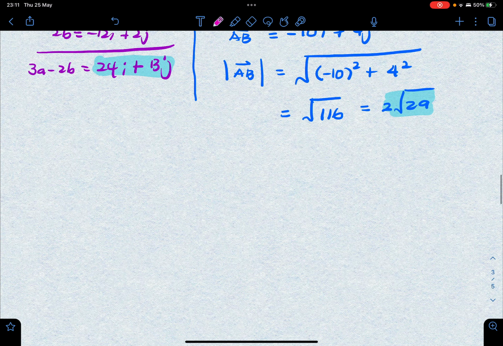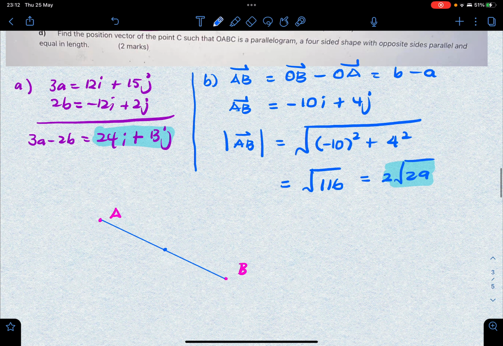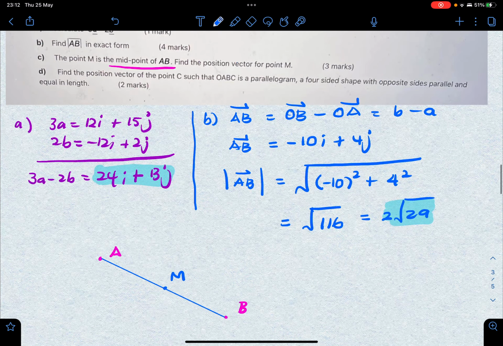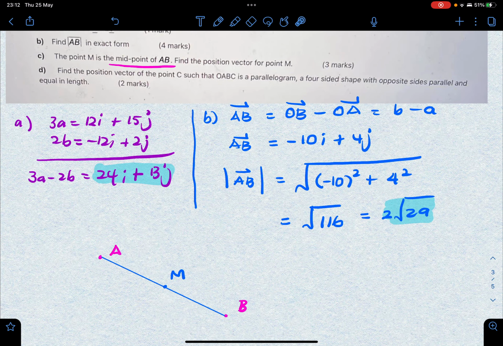So if you think of the 2 points A and B like that, and that's the vector AB, it's the vector from A to B, the midpoint of AB, they're calling M. You can find that by adding the i components of A and B and the j components of A and B. And they're asking for the position vector.